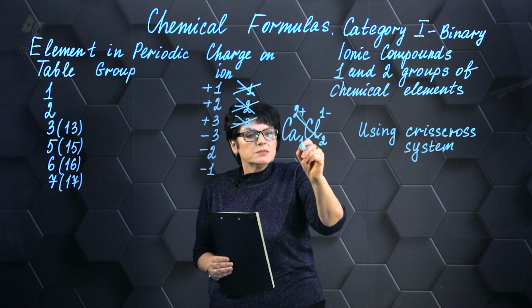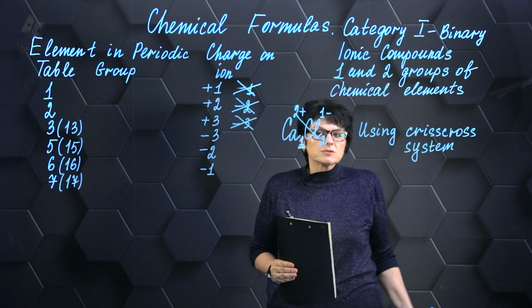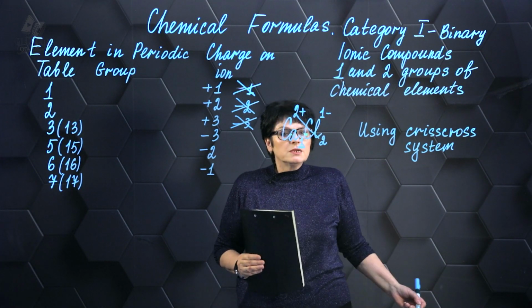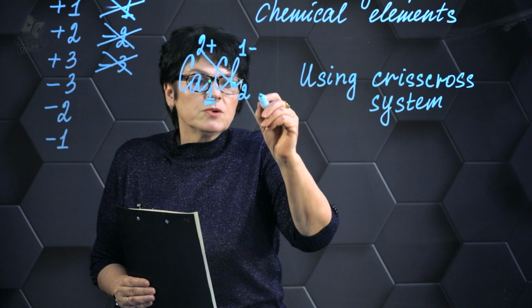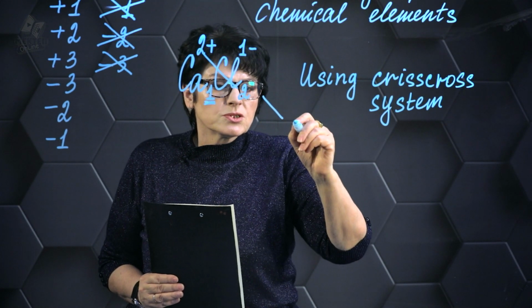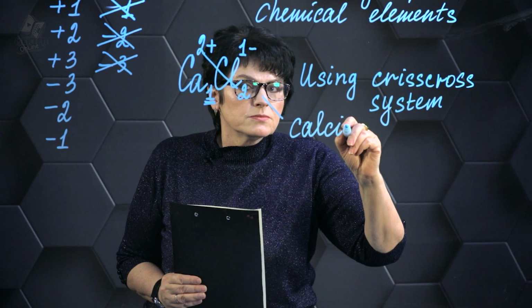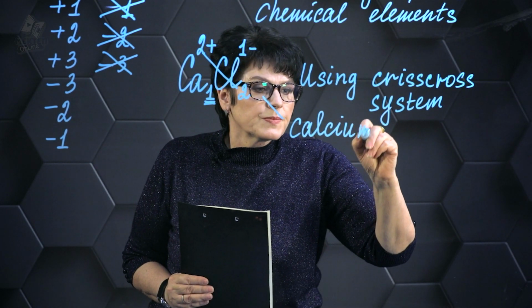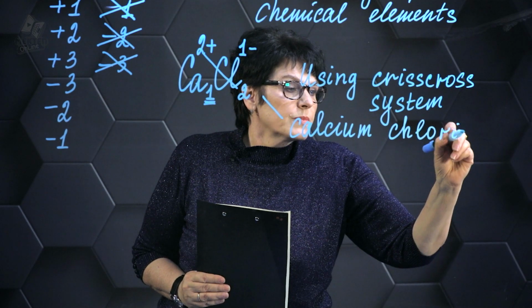However, we do not need to write the numeral 1, as it is implicit. Therefore, the formula would appear as follows. In this case, we can give a name to this substance. This compound is known as calcium chloride, which is a chemical compound composed of calcium and chlorine ions.